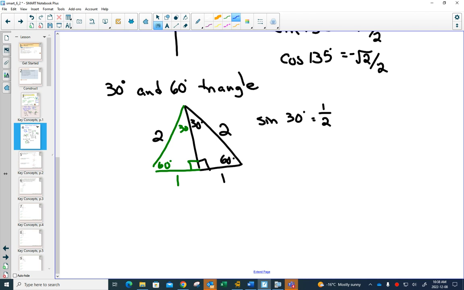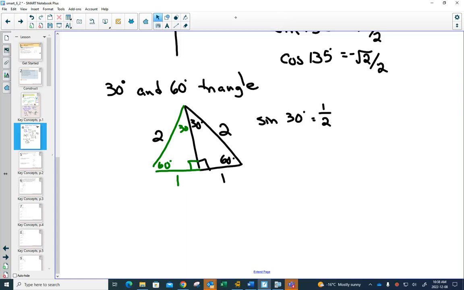So trigonometry is powerful because it doesn't matter how big or how small the triangle you choose. When you simplify the ratio, it will come out to the same thing every time, which is what makes trig so powerful, using it anywhere. When you're in construction and you need to measure things and you have a triangle, it allows you to solve no matter how big or how small that triangle is.